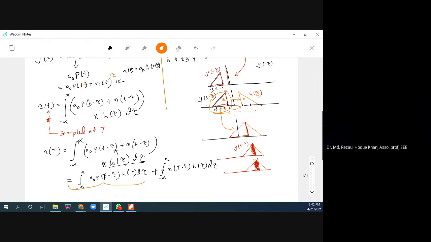This is the signal component, and this is the noise component.